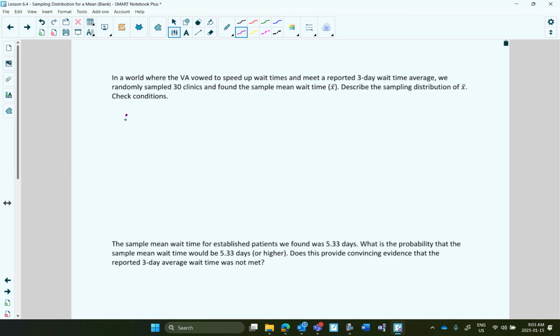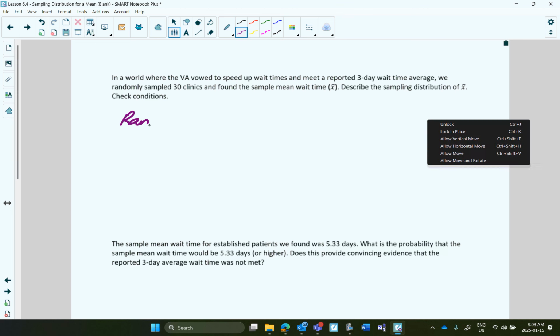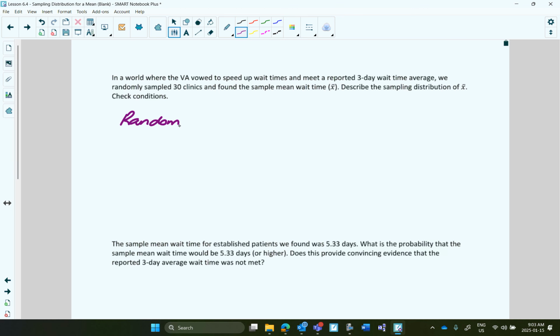So remember: random, 10%, and normal or large sample. One of the two meets this condition.